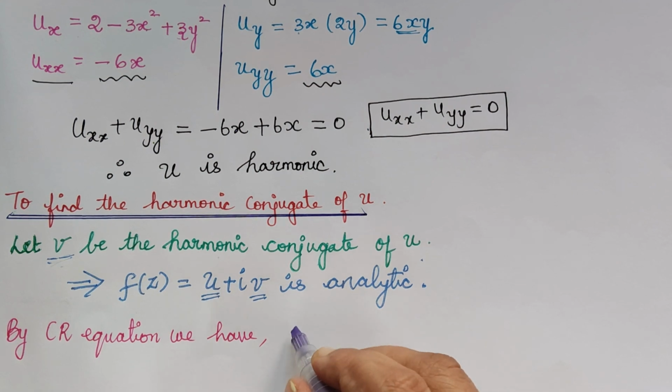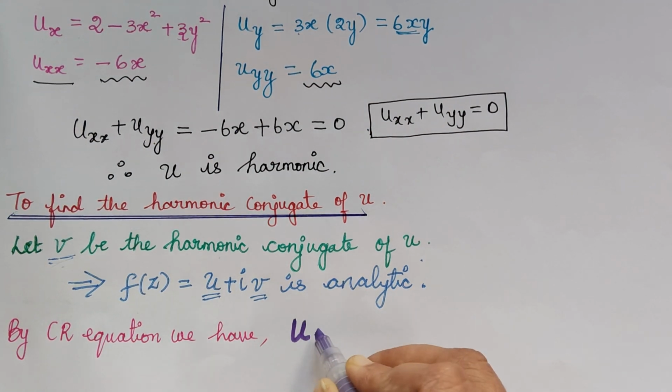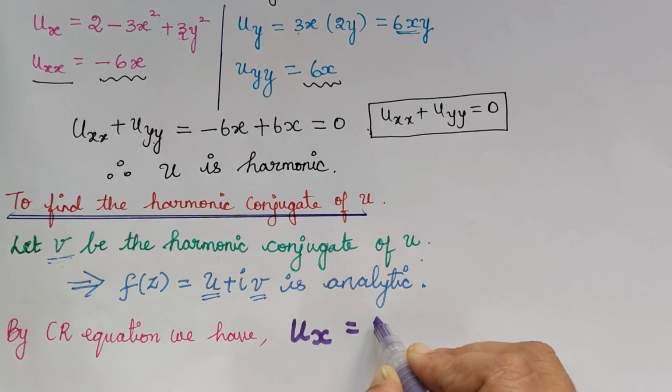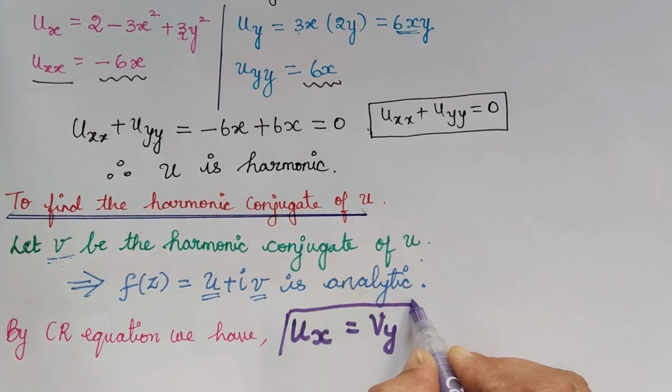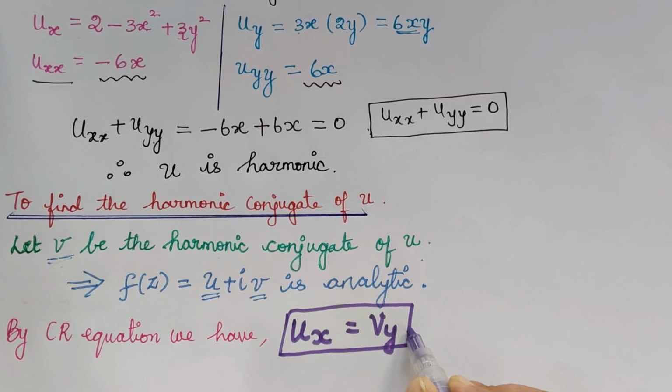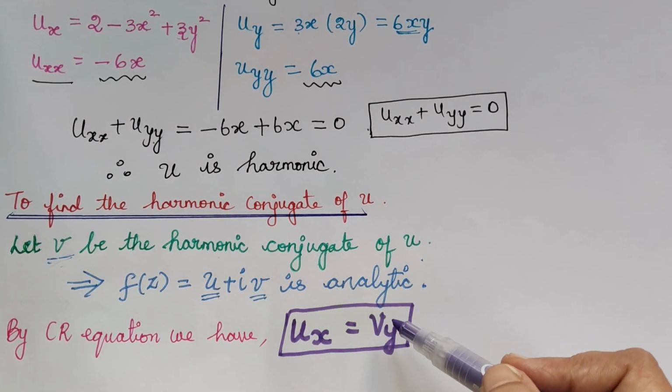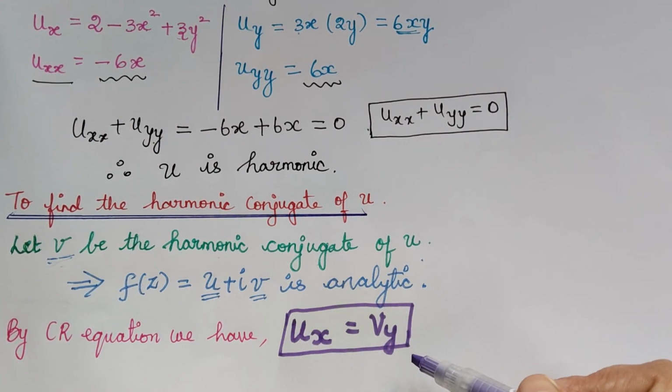The first CR equation is ux is equal to vy. So we are going to make use of this CR equation in order to find the harmonic conjugate of u, that is v. So how are we going to make use of this?